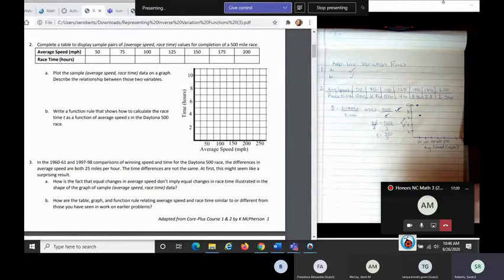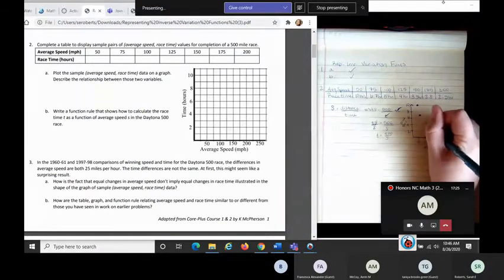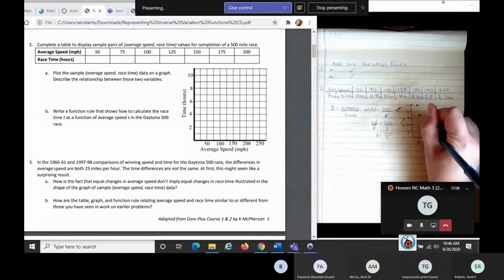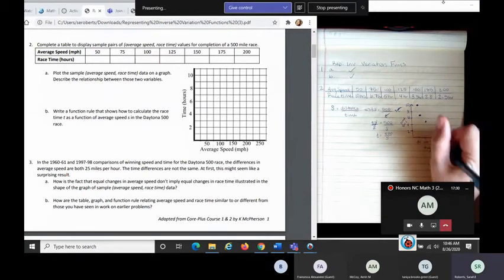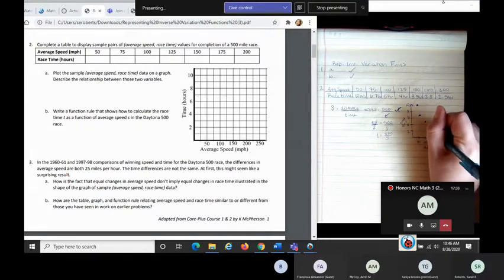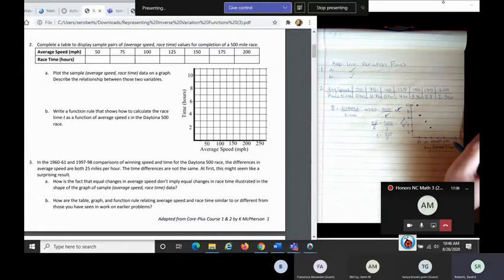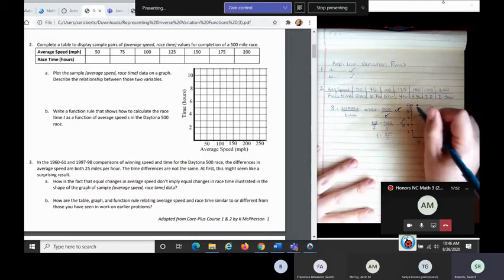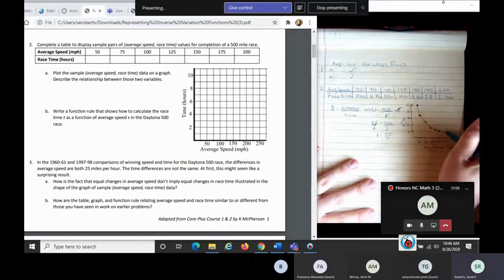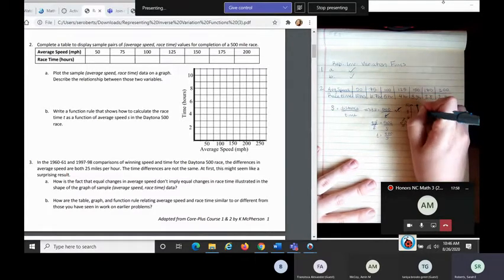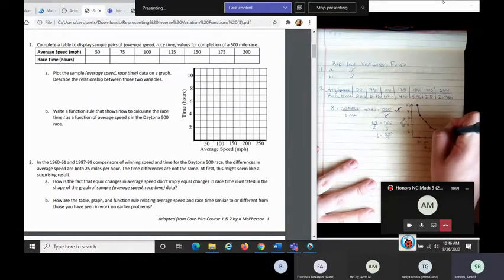Then we have 100 being at 5, 150 being at a little over 3, 175 at 2.8, and 200 at 2.5. Okay, so we end up with, I did a bad job, a curve that swoops down like this.